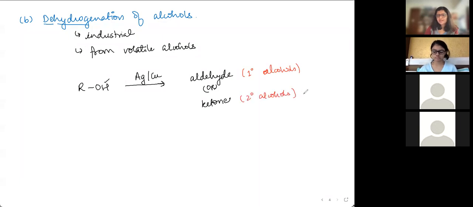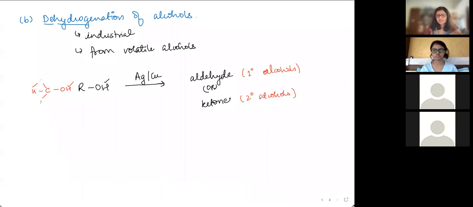Because essentially what is happening bond-wise to the molecule is the same thing. You have carbon and then oxygen here. Depending on what it is attached to, you're removing the hydrogen from here and here. If you have another hydrogen attached, you end up getting an aldehyde. If you have carbon attached on both sides, you end up getting a ketone.